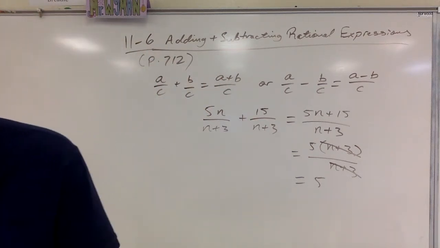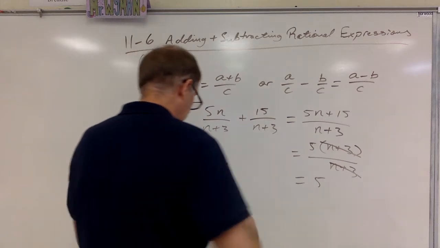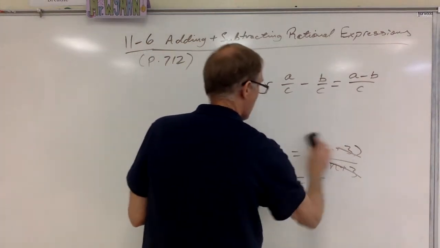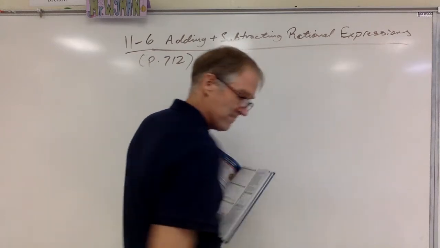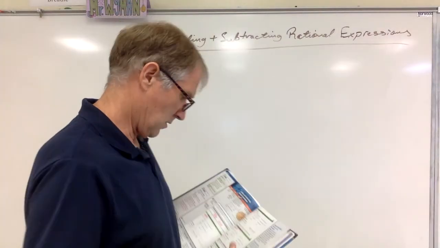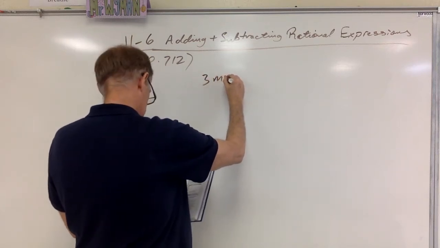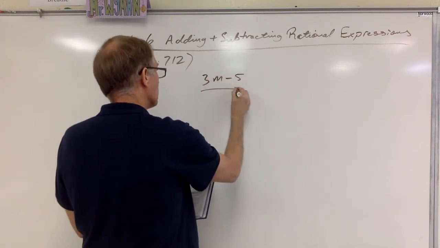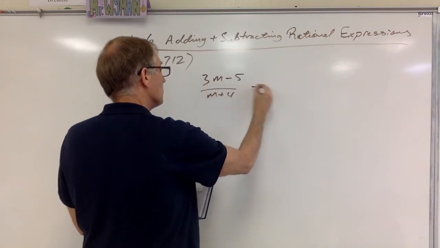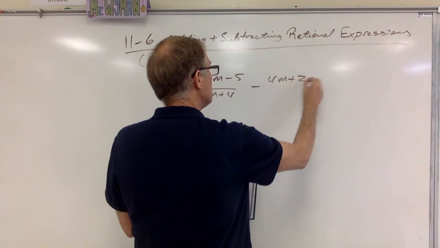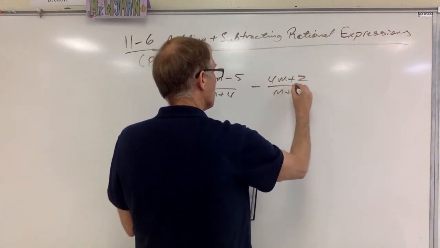Subtracting is very much the same, except there is just one little thing you have to be careful with. So 3m minus 5 all over n plus 4, minus 4n plus 2 all over n plus 4.